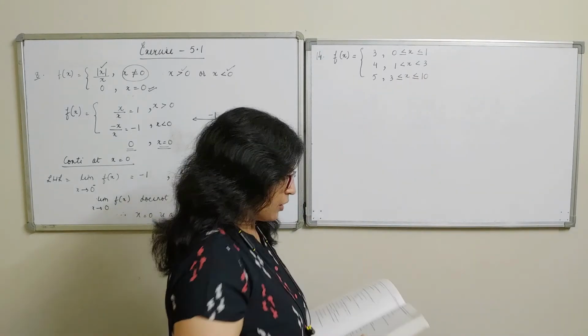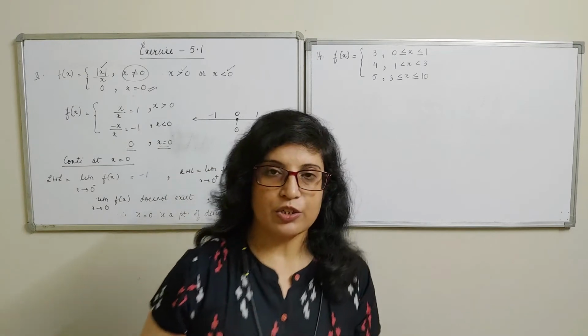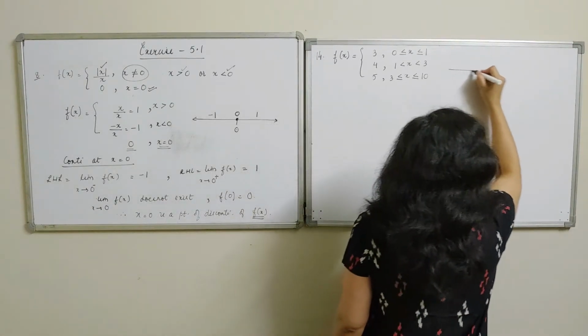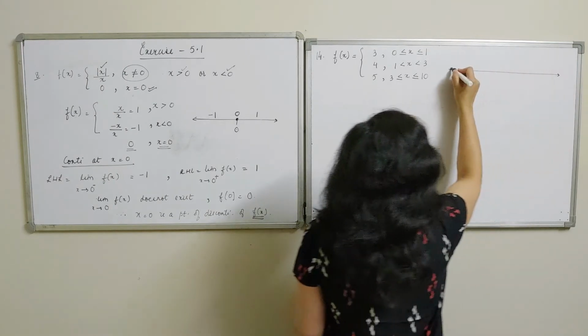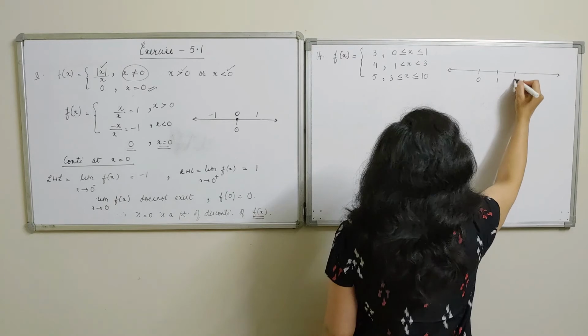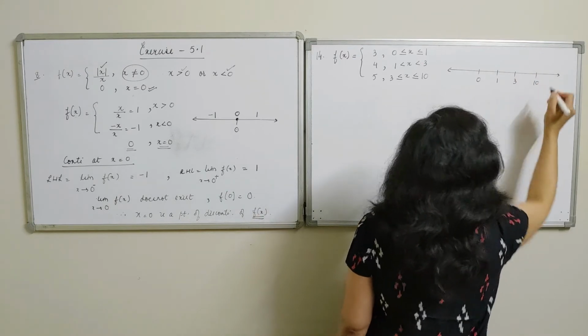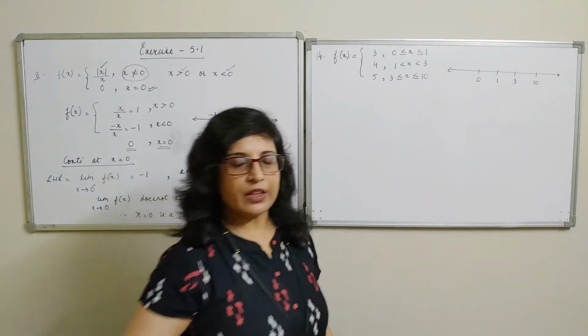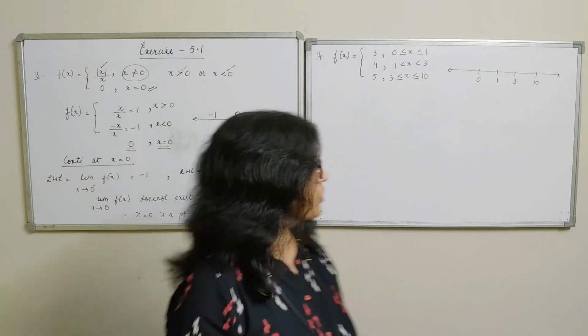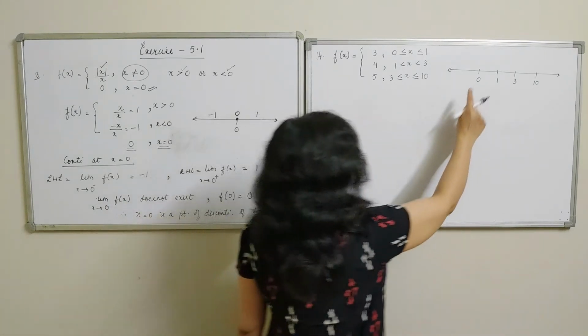So what are we finding out here? We are discussing the continuity of the function. Now look at the domain of the function. The domain specifies some points 0, 1, 3 and 10. So there are 4 points defined in the domain, and we will check continuity of the function at each of these points.